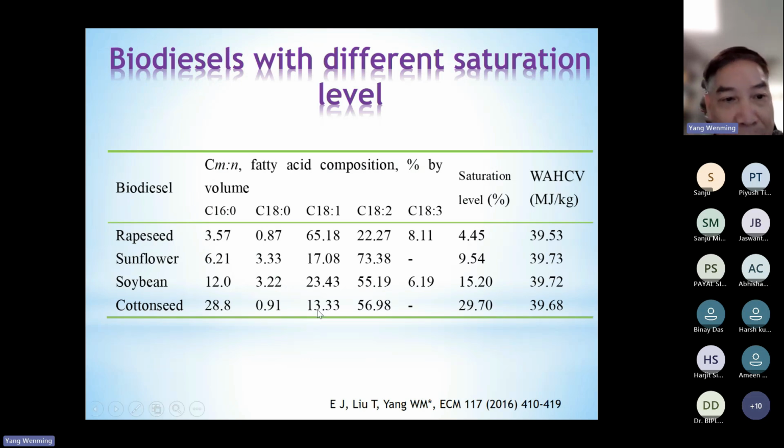For example, for rapeseed, we can see more than 95% of compositions contain double bonds, right? And the fuel that contains double bonds tends to produce more soot emissions. Yes, we introduced this in the previous lectures when we covered the molecular structures and soot emissions.